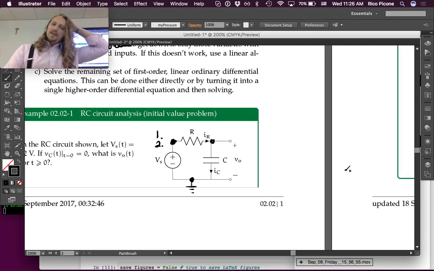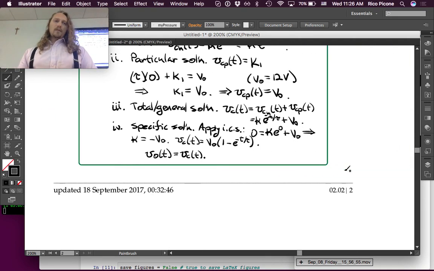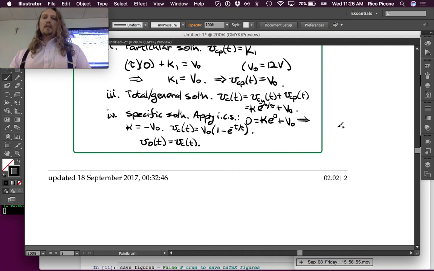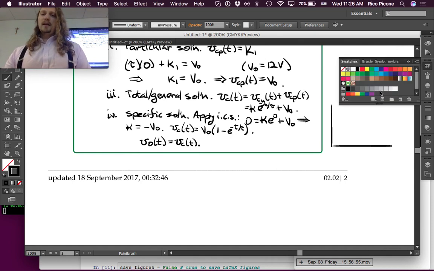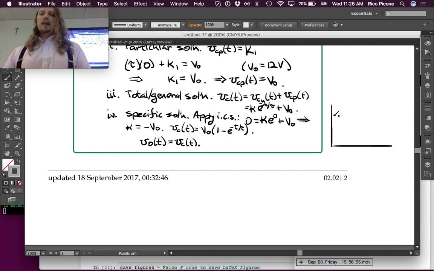That was our guess. It should start at 0. Now we've got an expression for the function, so let's go ahead and plot. Let's take a nice gray line here. We're saying it should go to 12 volts, V0, and it should start at 0.